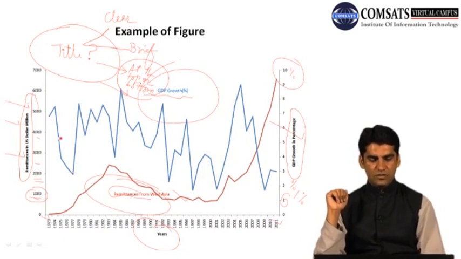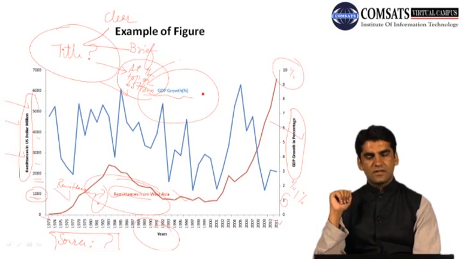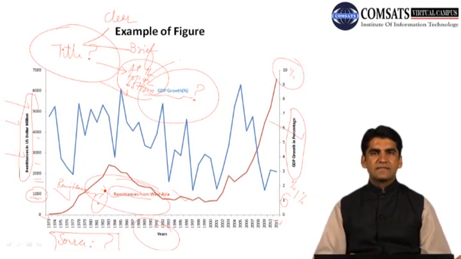Secondly, what we miss is basically where do we get this data. For example, the data of remittances. Where do we get remittances? Where do we get GDP growth? So these are the things that we have somehow missed.